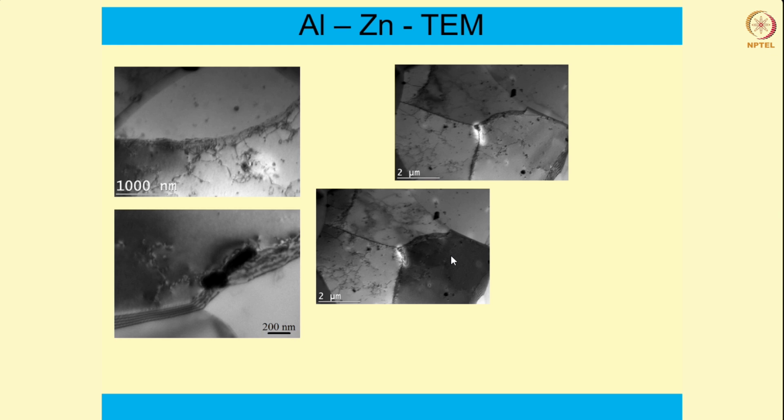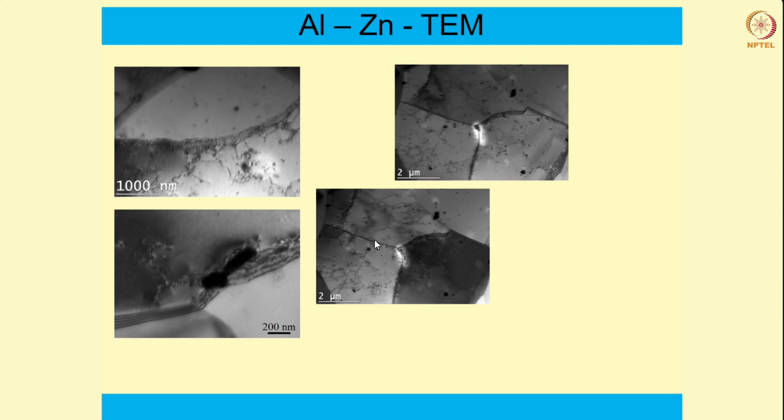If you recall, more and more dislocations are generated during the deformation process, so more and more dislocations will come and join these boundaries, leading to an increase in the misorientation. And then we also talked about lattice rotation, right?